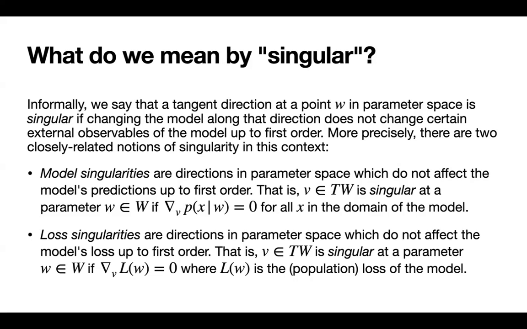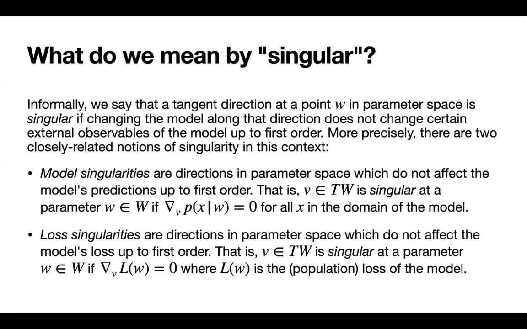Then there's a loss singularity, where you have some tangent direction such that moving in that direction, up to first order, doesn't change the loss. These are very closely related, as I'll discuss in a second. Model singularities basically always imply loss singularities, but not vice versa.